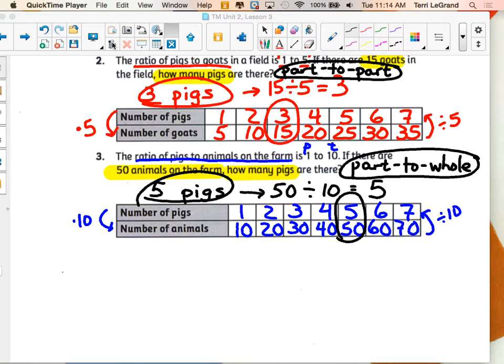Okay, let's look at number 2. At the store, the ratio of books sold to movies sold was 8 to 2. What do you suppose you should underline? Ratio of books sold to movies sold. So the 8 is representing what? Books. So we're going to fill in these blanks.